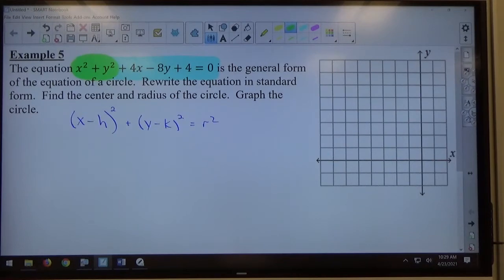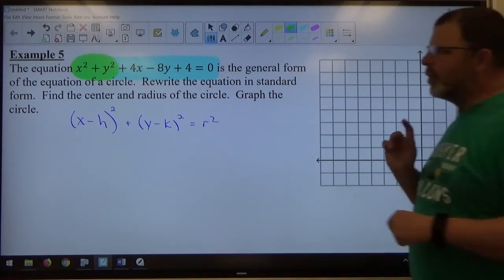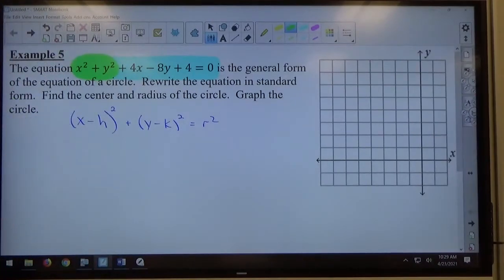So our task will be to modify the equation in its current structure to create this standard form structure that we know. And the technique will be similar to what we did with parabolas with slight differences. First thing I'm going to point out, in case this should happen, is you cannot have coefficients. You need to have 1x squared and 1y squared.